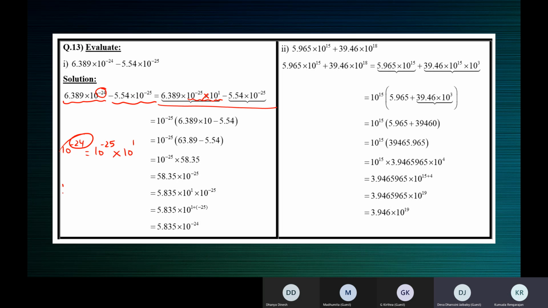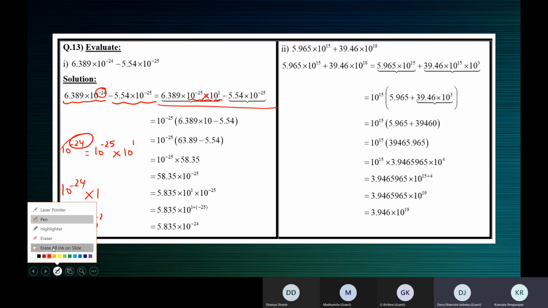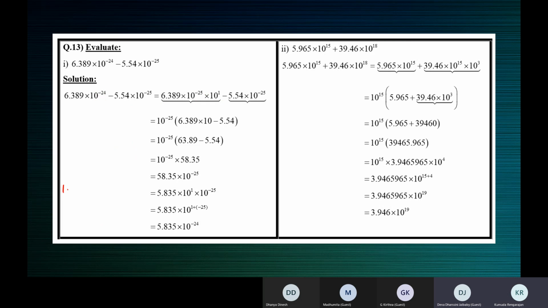So we are writing 10 to the power minus 24 as 10 to the power minus 25. Can you write it like this? Plus 1, correct? Minus 24 is minus 25 plus 1, correct?